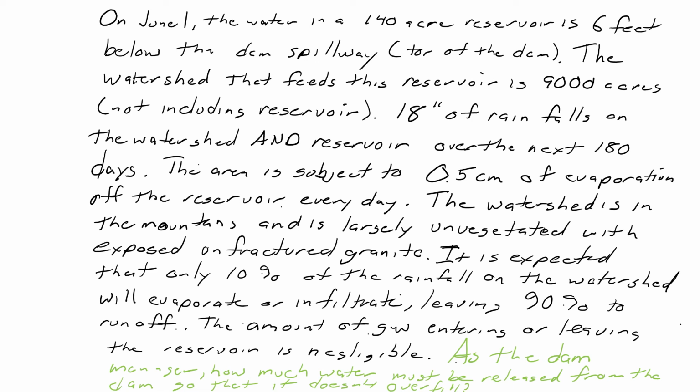Actually, let me change that part. As a dam manager, you never want it to get so close, okay? So let's say your goal is to keep it at that 6 foot below the top level. So let me just get rid of that question. I'm going to change that. Release water from the dam so that it stays 6 feet below the top, or below the spillway. So that it stays there, or so that it just doesn't go over?